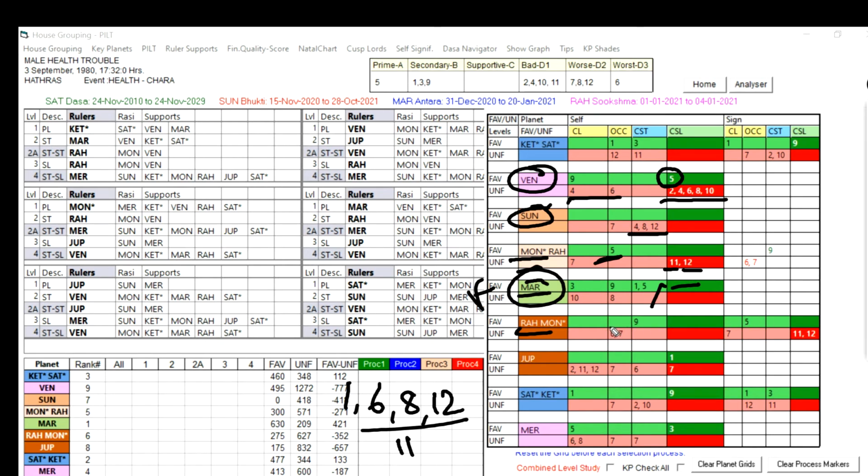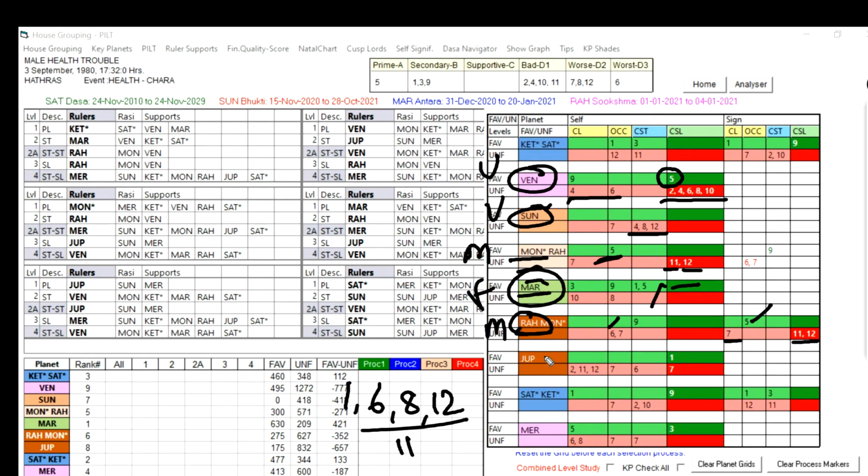It is occupying the 6th house, close to the 7th house, and it is also representing the Moon. It is the 5th house, and similarly in the sign column it represents the Moon. So this is also like the Moon. Rahu also is medium. So the Moon is medium, Rahu also medium, the Sun is unfavorable, and Venus is unfavorable.